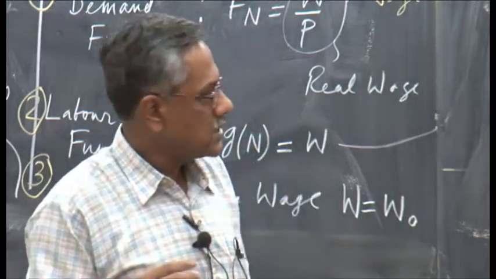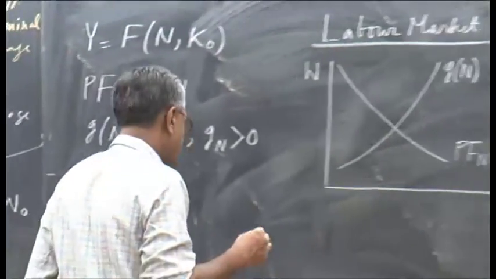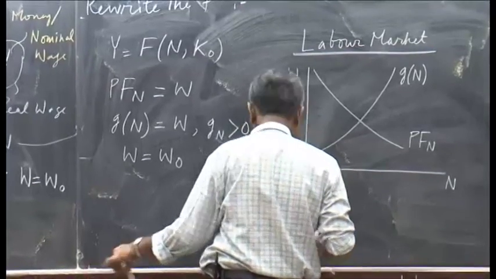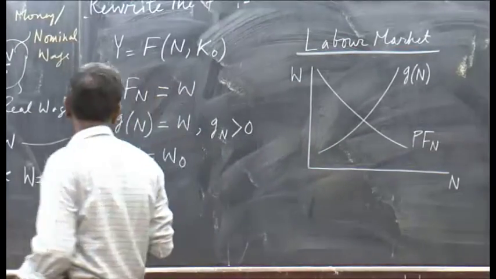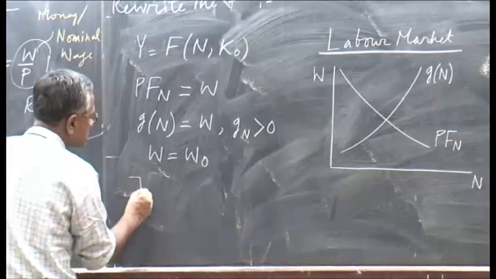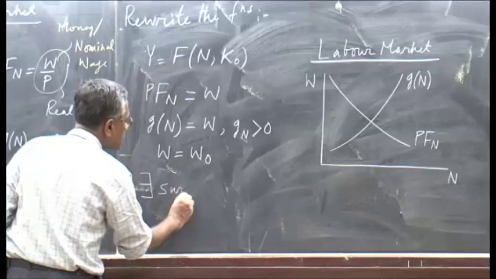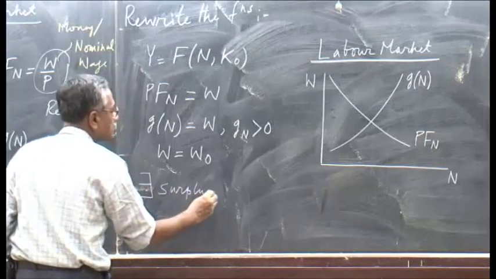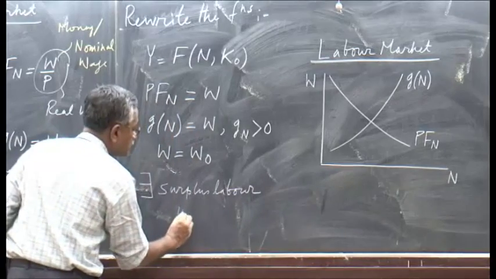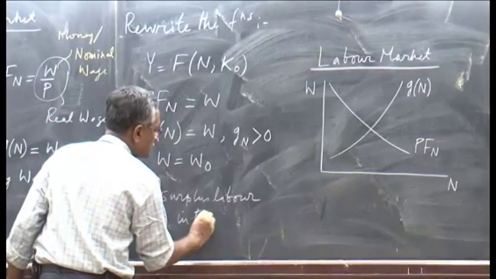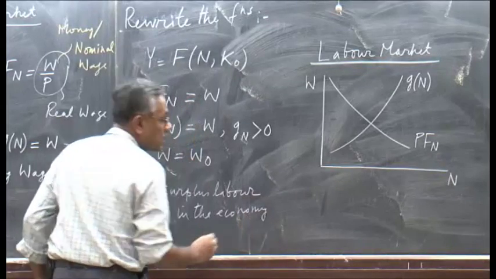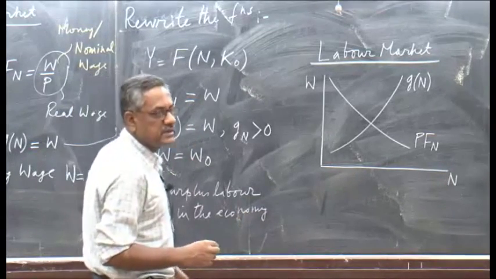So Keynes also had one more thing in mind, which we use in our description of the Keynesian model. It's very important: there exists surplus labor in the economy. How can surplus labor exist in the economy?